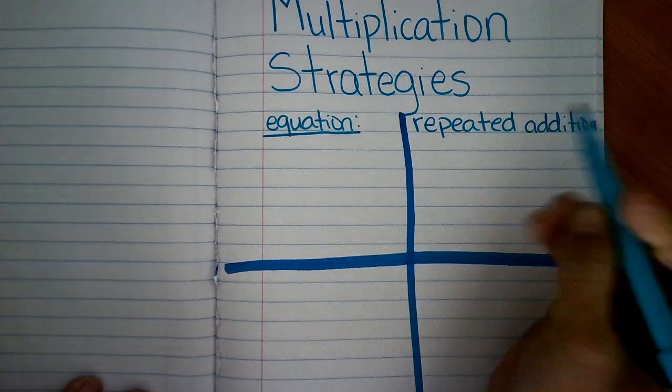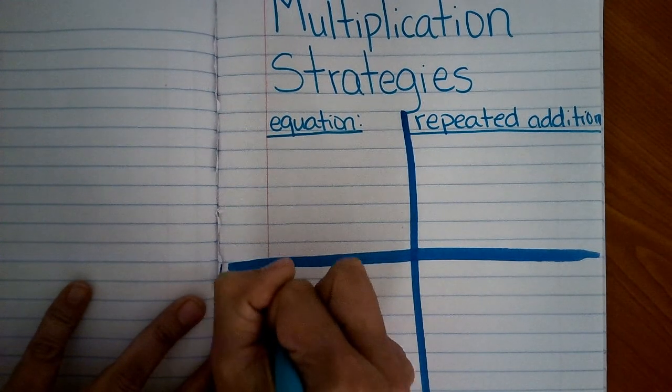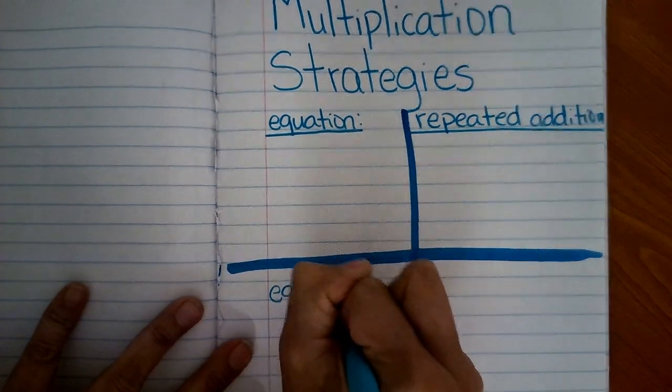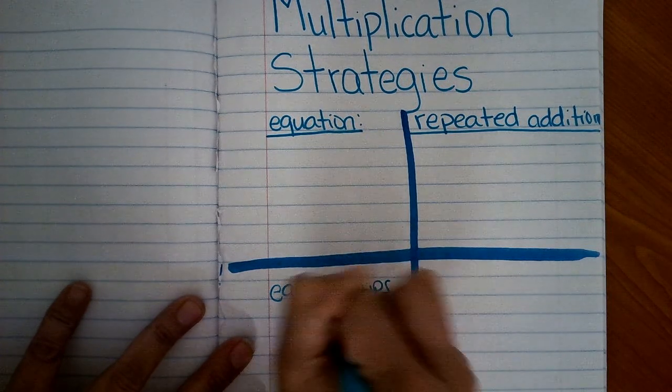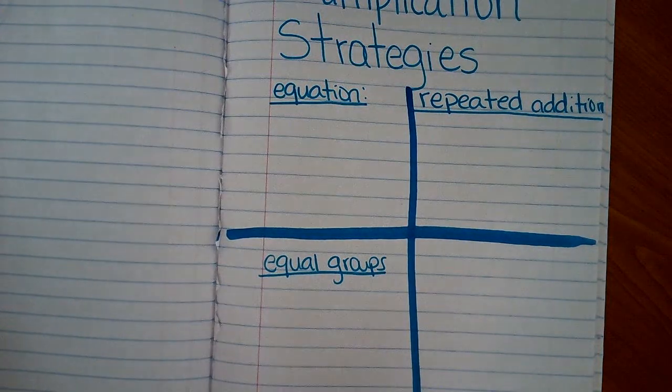Addition with an N. And the third one, equal groups. Alright, now once you have labeled that, we're going to start with the first one, equation.